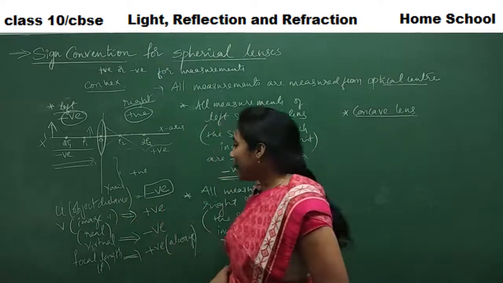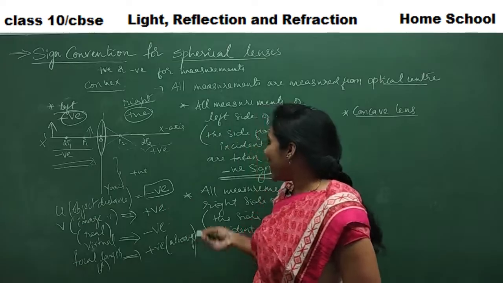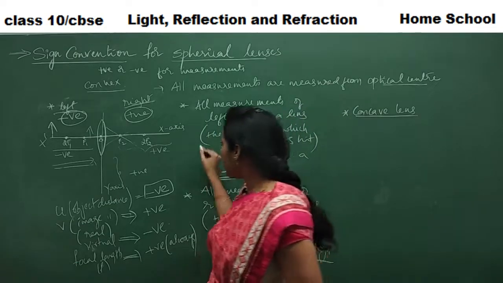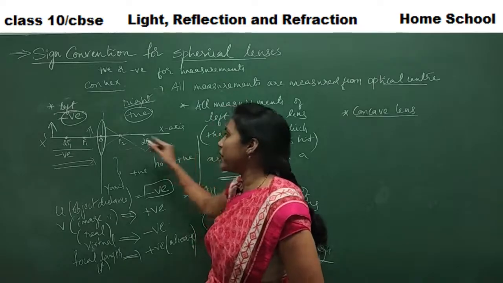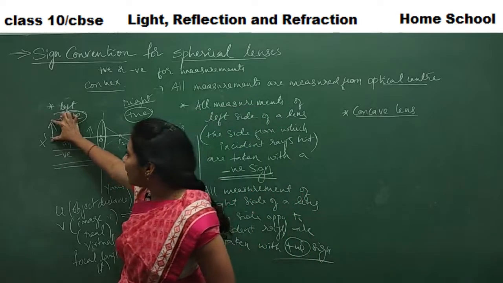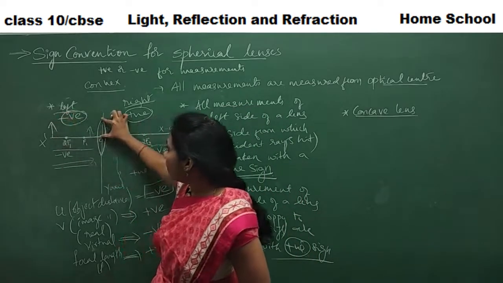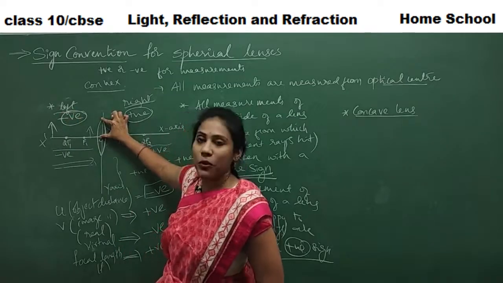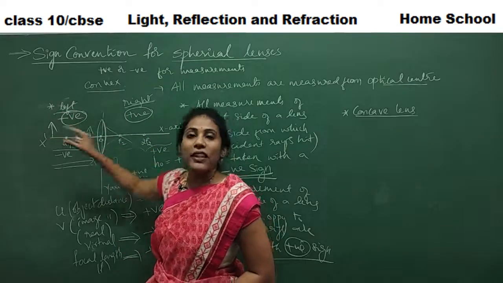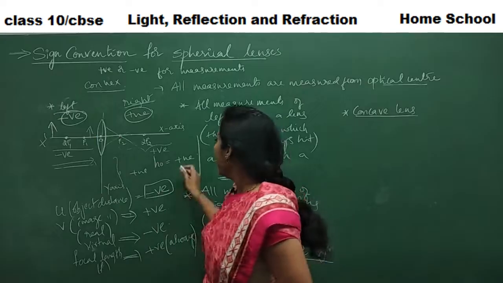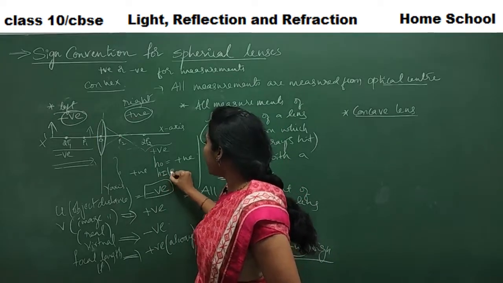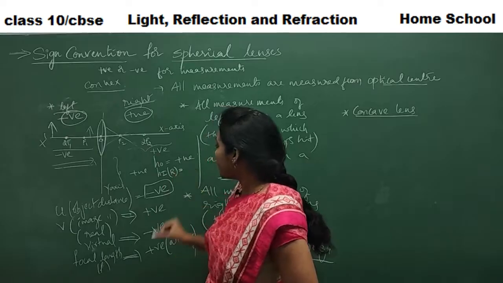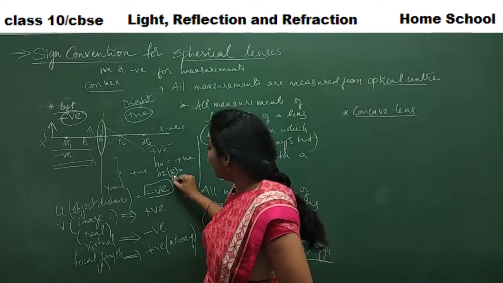And coming to the height of the object. The height of the object is always positive in this case. Object height, on the y-axis, it is falling on the positive y-axis, so you will have a positive value for the height of the object. And the height of the image: if it is a real image, it will be inverted.